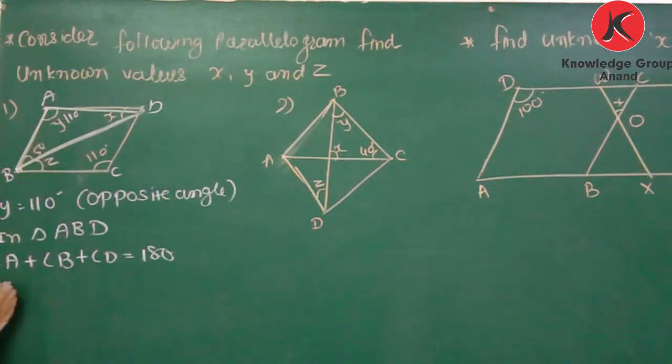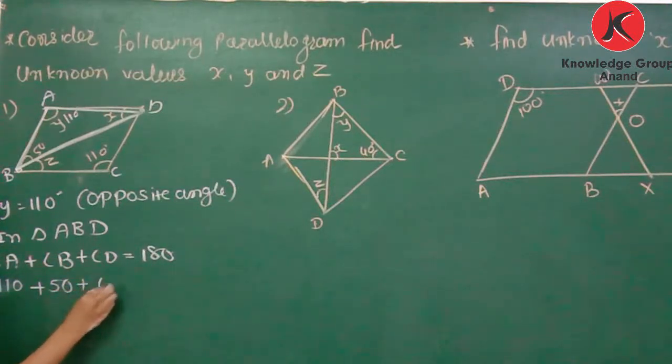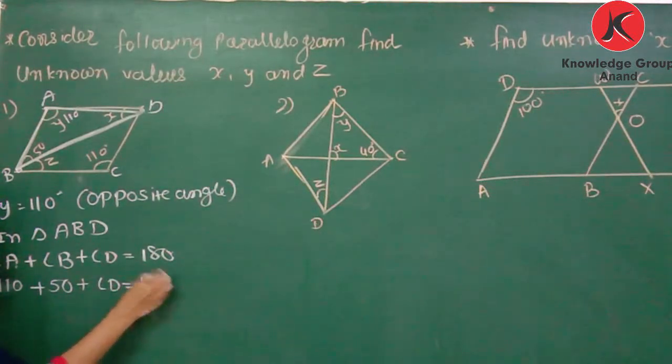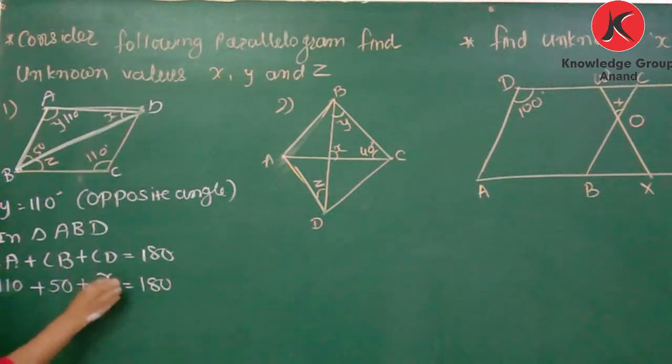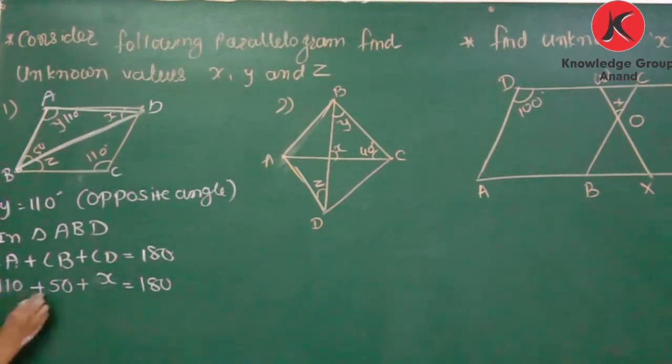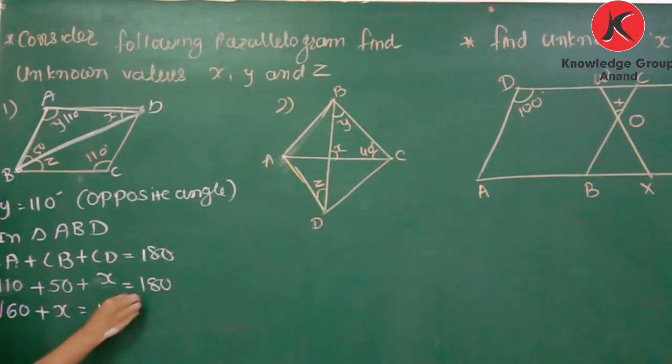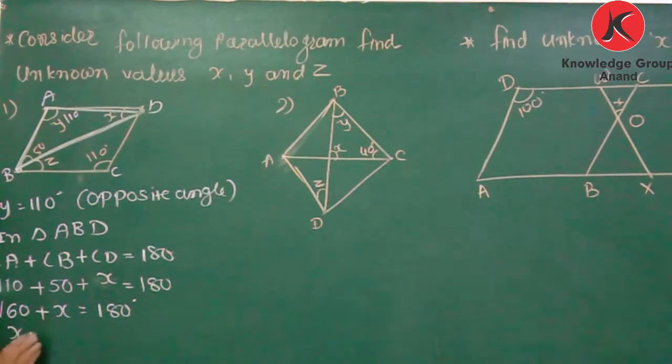Angle A is 50, angle B is 110, and angle D we need to find. We can write angle D is x. So 160 plus x is equal to 180, so x is equal to 180 minus 160, that is 20.